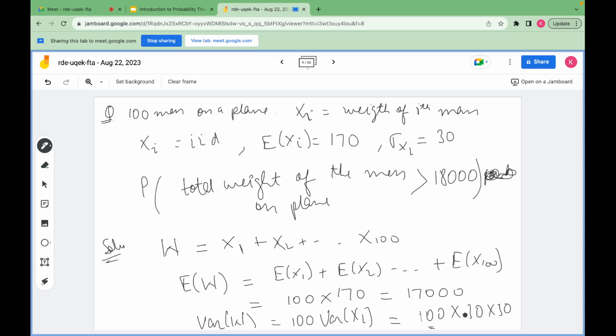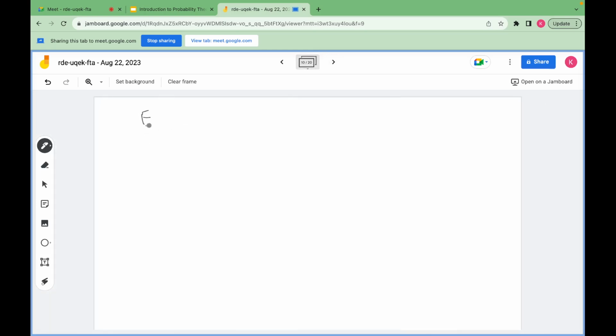So this is 90,000. So we have expectation of W is 17,000 and variance of W is 90,000. So sigma of W will be 300.